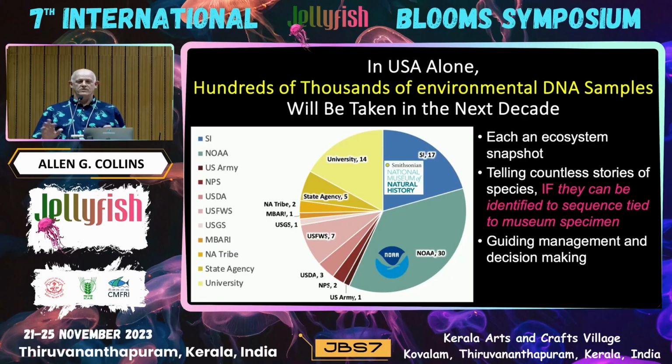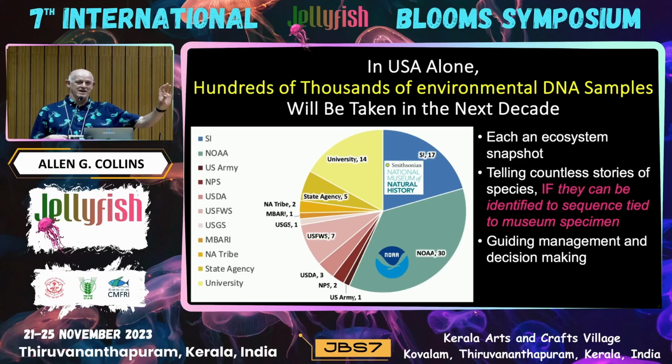So we've heard a little bit about eDNA, and I'm in the museum, and the museum may become a place to voucher eDNA samples. I would suggest that you consider vouchering at least some of your samples, putting them in a museum so that they can be used by later researchers for other technologies. In the presence of other knowledge, you may be interested in species X to do quantitative PCRs, but those samples are a snapshot in time and space, and you're never going to collect that sample again, right?